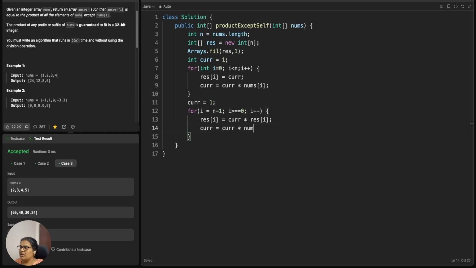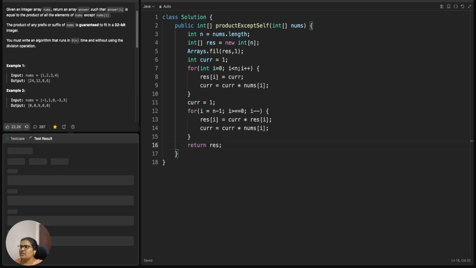So current would be current into nums of i. Here we found all the prefix products. Here we are finding the suffix product and we are also multiplying with whatever we found in the previous loop. So finally we'll have our answer in the result.